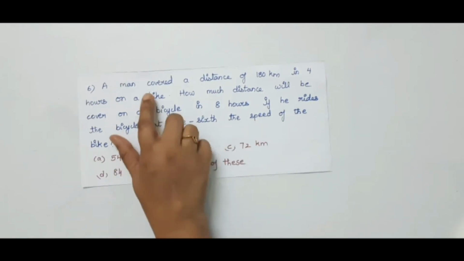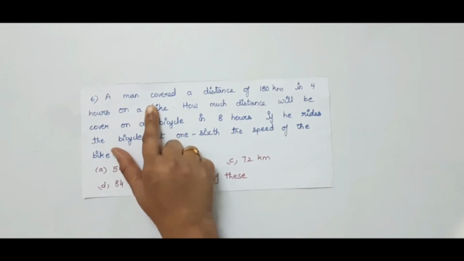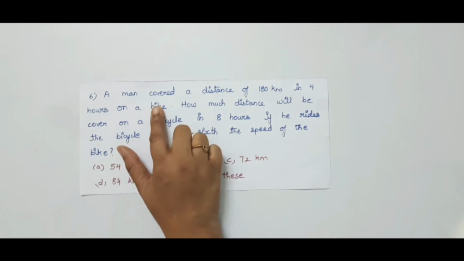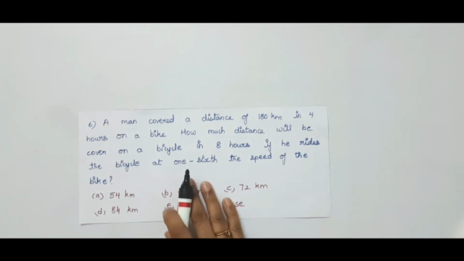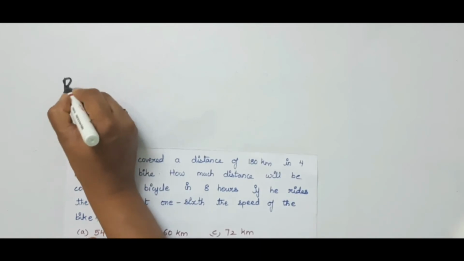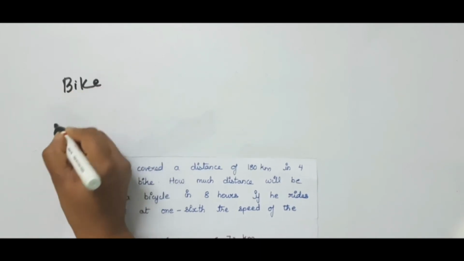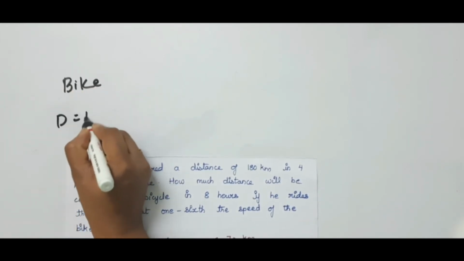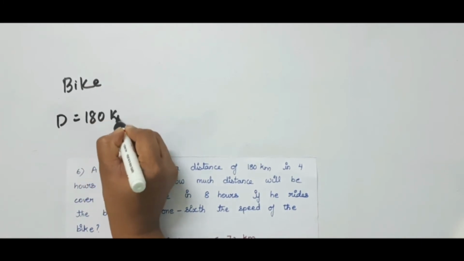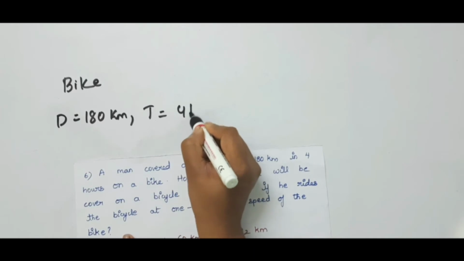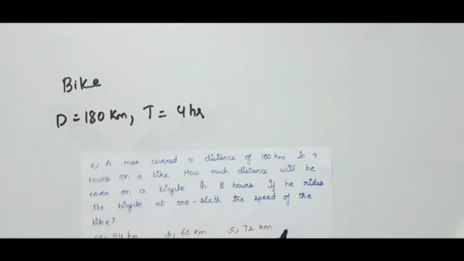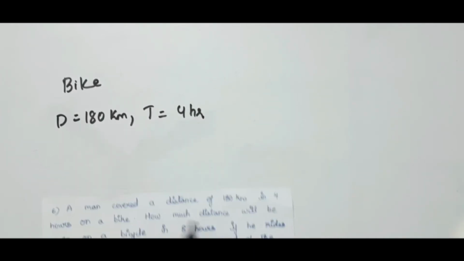In the first sentence, he gave the required details to find the speed of the bike. Is it not? For the bike, he has given distance equal to 180 kilometers and time as 4 hours. So using this, we can easily find the speed of the bike.